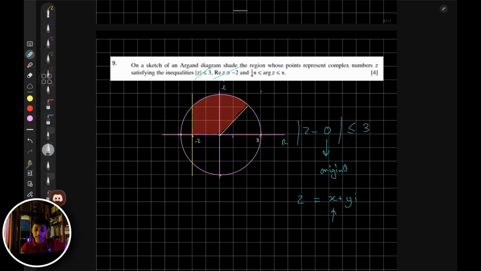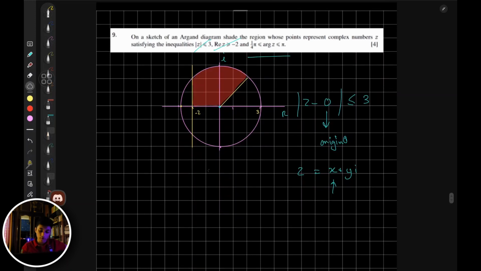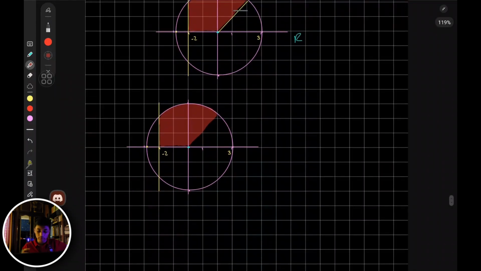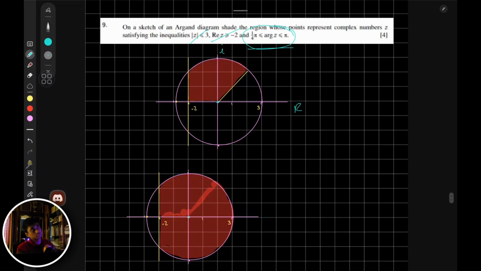So there is another limit, which is the argument of z is going to be between pi by 4 and pi. What does this mean? This basically means that, first of all, z can be anywhere. If I draw it again, right? So first of all, they've given you the condition that z could be anywhere in this circle, considering you're still not answering this inequality.